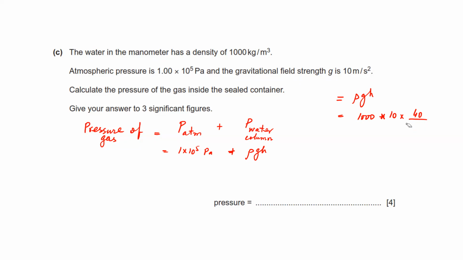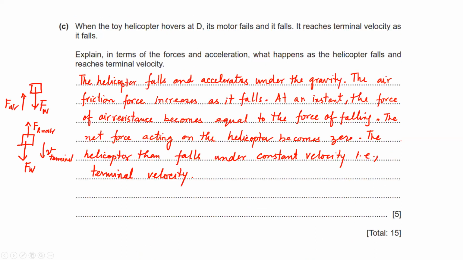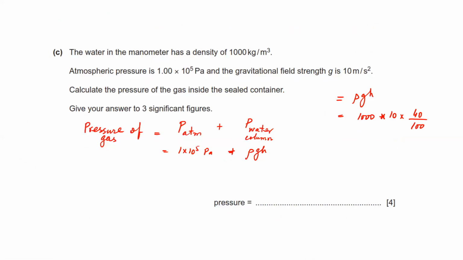If we look at the figure, this length is 30 here, this is 70 here. So this comes out to be 70 minus 30, 40 centimeters. And we have to use the units in meters, so that is why we have changed it.